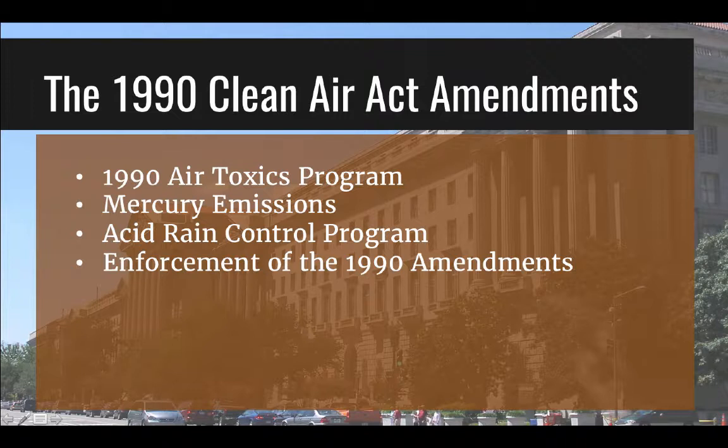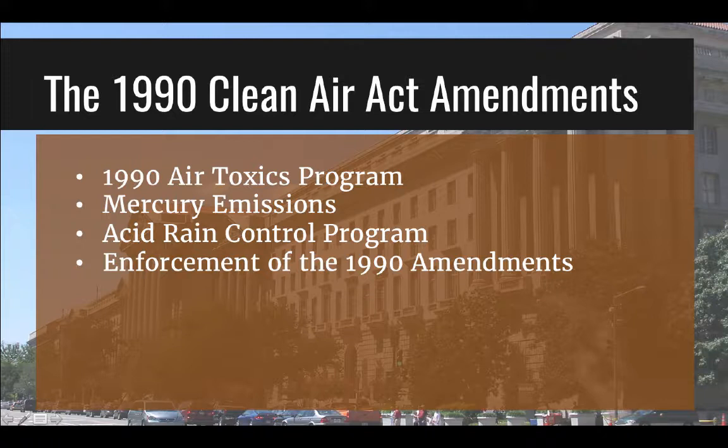Mercury emissions. Mercury travels through and accumulates in biotic systems. Exposure to mercury can have neurological effects, especially on children. In 2001, mercury was regulated under the Clean Air Toxics Program, which meant that MACT standards had to be met by utility plants.